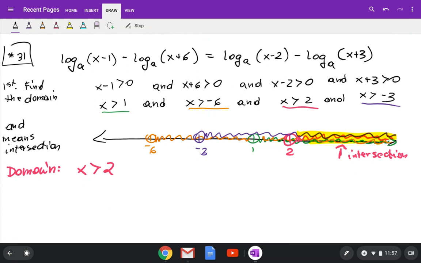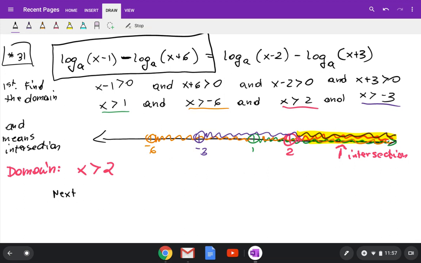So when we have the domain, now this is what we're going to do here. On the left side, let's go back, you have a difference. Difference means quotient, so we will need to use the quotient property.